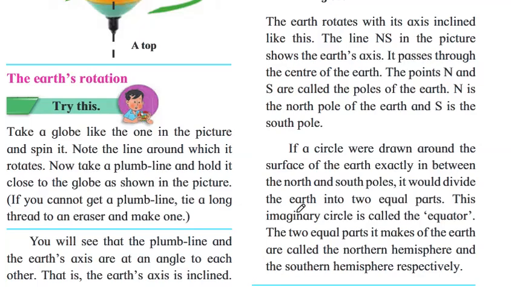This imaginary circle is called the equator. The two equal parts it makes of the Earth are called the northern hemisphere and the southern hemisphere respectively.